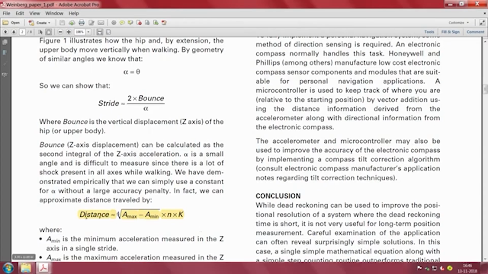Weinberg in fact is the person who came up with this expression, which says distance is the fourth root of the average acceleration maximum, A max, that is the peak, minus the average acceleration minimum, times n, which is the number of steps that you take, into k, which is some constant.